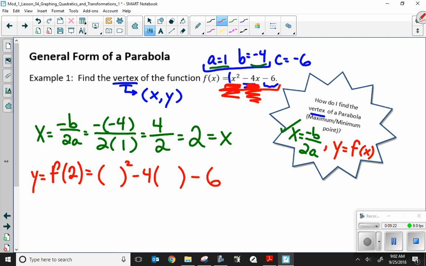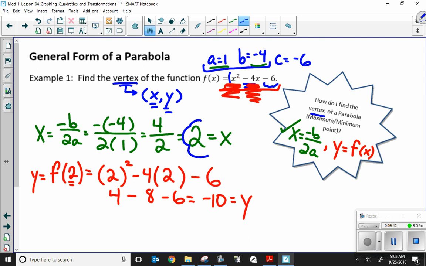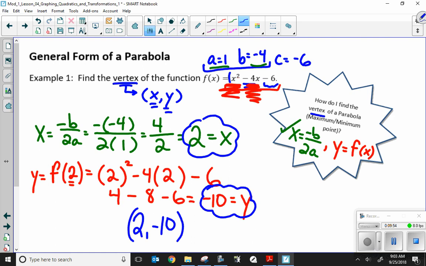And a 2 goes in all those parentheses because I'm substituting it in. 2 squared is 4, minus 4 times 2 is 8, minus 6. If I combine those, I get negative 10. That's my y. So, what's my x and my y? 2 is x. Negative 10 is y. So I want to write it like it's a coordinate. I shouldn't just leave it like that. I should say 2, negative 10. That's my coordinate of the vertex right there.